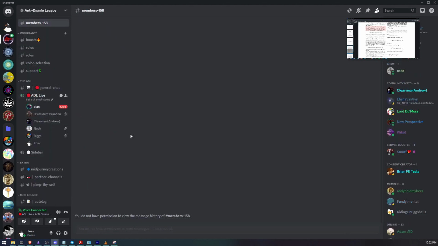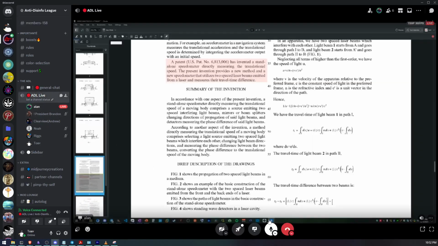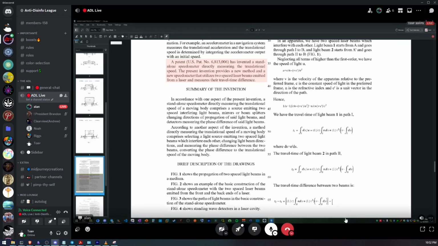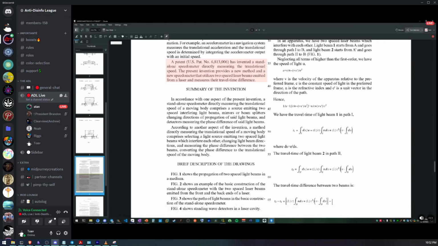According to another aspect of the invention, a method directly measuring the translational speed of a moving body comprises selecting a light source emitting two spaced light beams which interfere with each other, changing the light beam direction and measuring the phase difference between the two beams, converting that phase difference to a translational speed of a body. So pretty straightforward invention of the thing that was an unremarkable experiment.